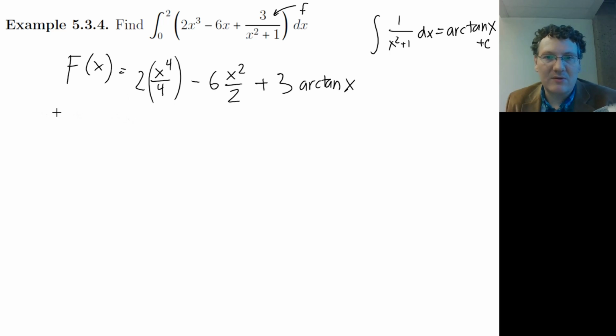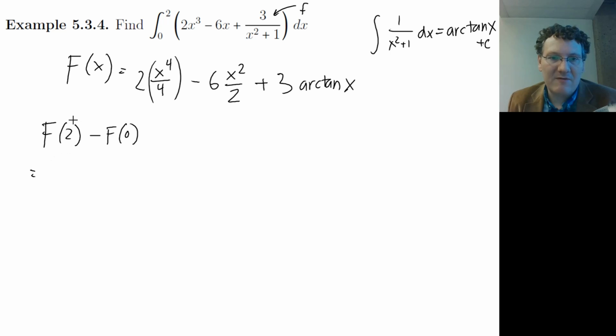So then what I'm going to do is evaluate f of 2 minus f of 0. All right, so f of 2 is going to be 2 times 2 to the 4th over 4 minus, that's 6 over 2 is 3, 3 times 2 squared plus 3 arctan of 2.